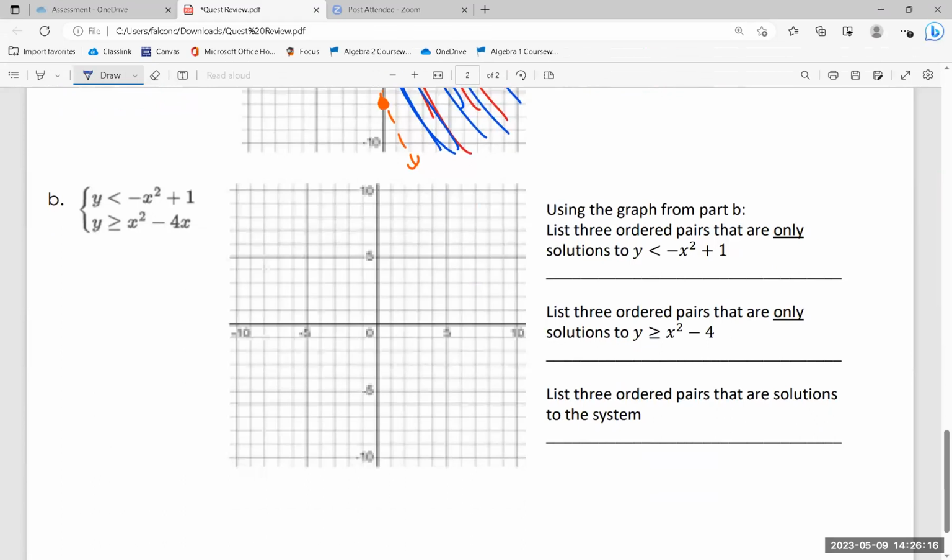Okay, last one. This is a system of 2 quadratics. All right, so let's start with the first one.